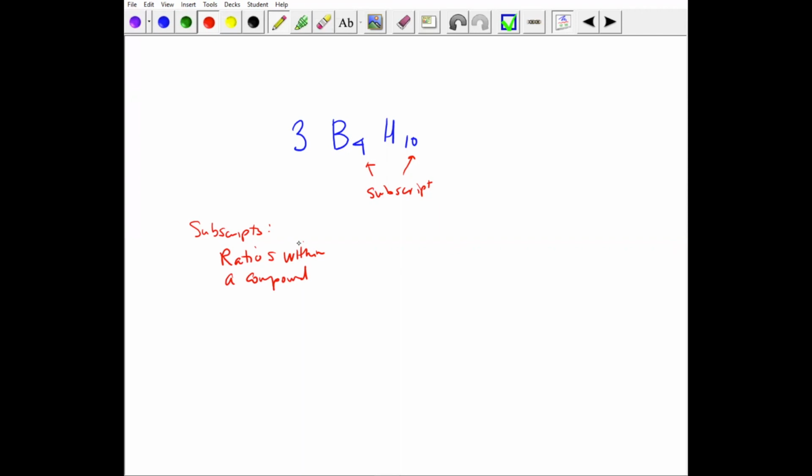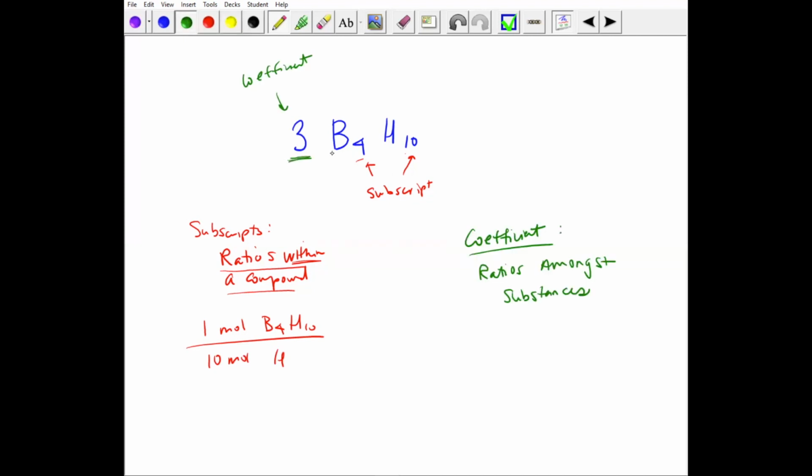So to show this more explicitly, these subscripts we've worked with before, we show these as ratios within a compound. So for every 1 mole of B4H10, we have 10 moles of hydrogen, for example. Well, what about this coefficient?